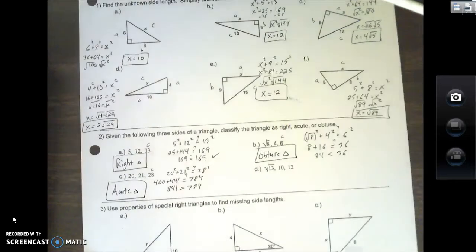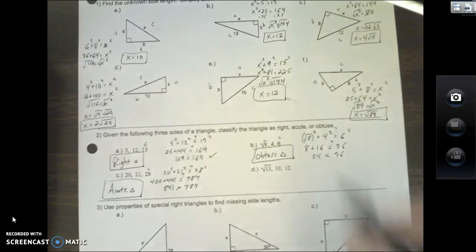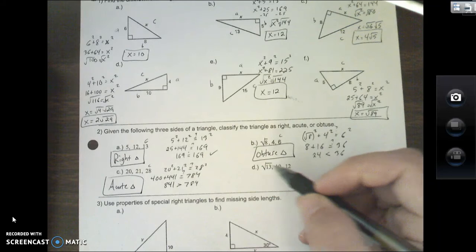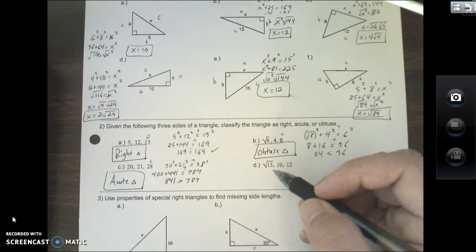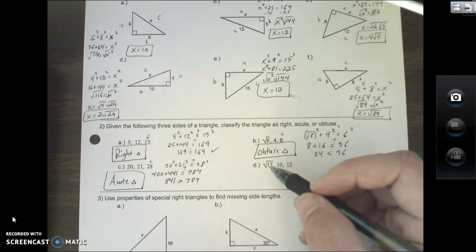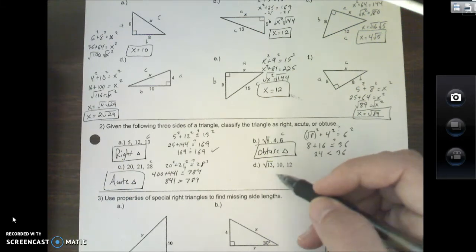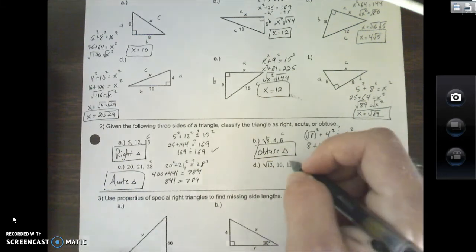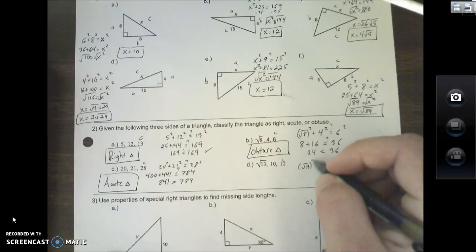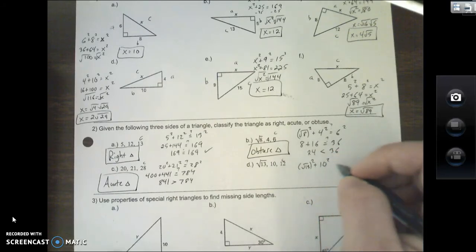And finally, I've got my A, B, C. Even though 13 looks bigger than 10, 12, it's the square root of 13. So it's actually somewhere between 3 and 4. So 3 point something, because square root of 9 is 3, square root of 16 is 4. So C is my 12. Root 13 squared plus 10 squared.